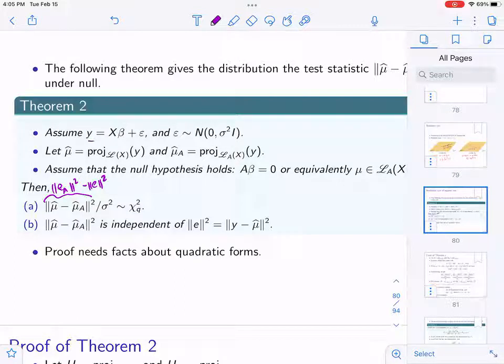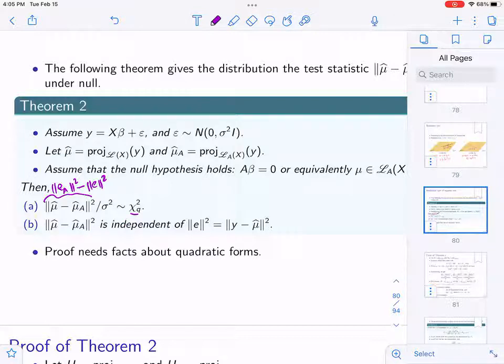We'll say that under this model, with the usual Gaussian assumption, if mu hat is the projection of y onto L of x, and mu hat A is the projection of y onto L A of x, then the difference, the thing that we're looking at, divided by sigma squared is going to have a chi squared distribution with q degrees of freedom.